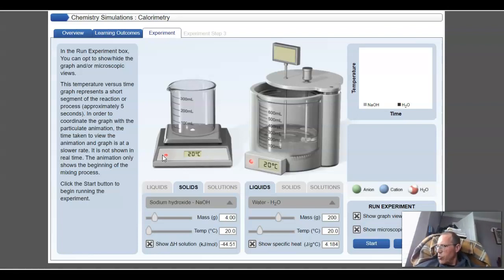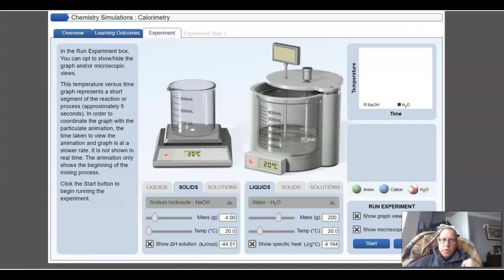Okay, so let me get the lab. Okay, so got the lab. We're back in business here. So what I want to show you is that we want to go ahead and start the experiment. So I'm going to hit start.